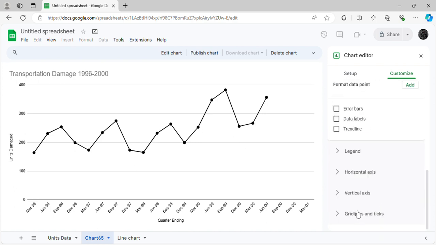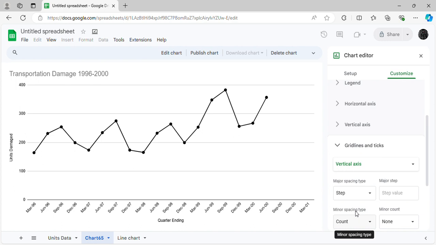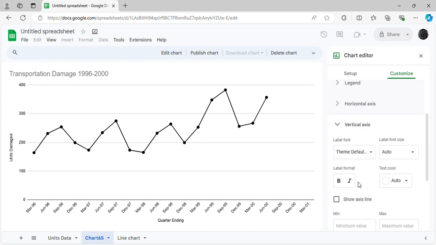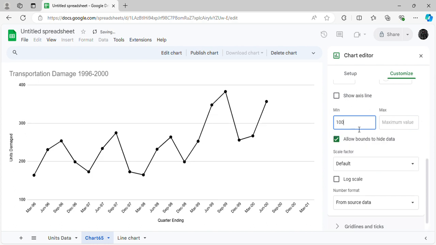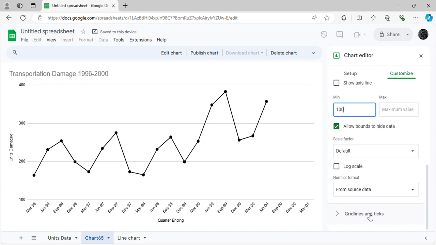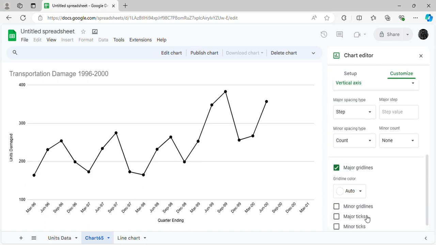So click on grid lines and ticks. For the vertical axis, let's select vertical axis. Put a minimum value of say 100, and click on grid lines.